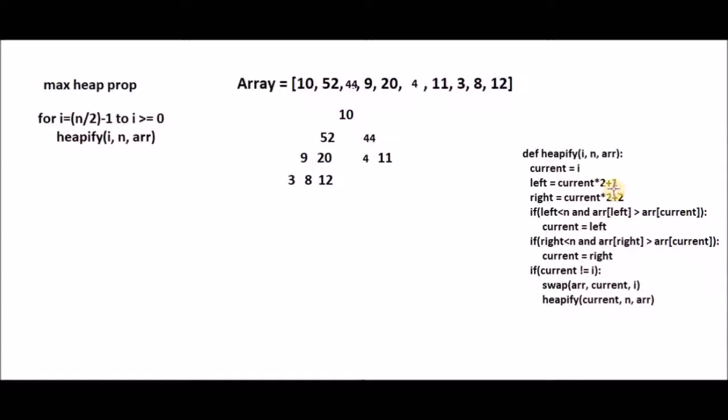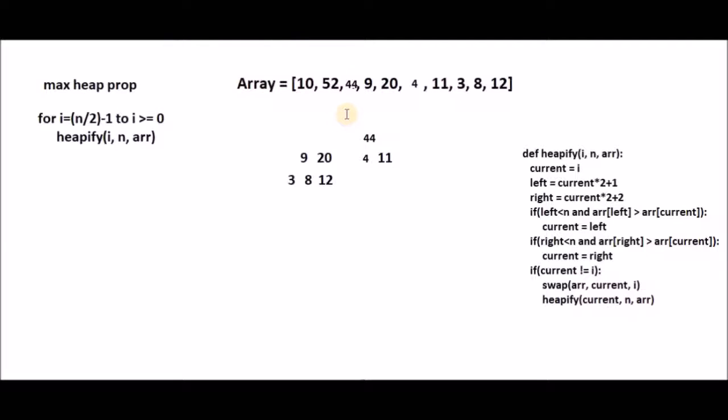We have 1 and 2, and then we can see that left is greater than the current, so 52 is greater than 10, so we swap it. We get rid of this and we get rid of this, and 52 is still greater than 44, so of course this condition is going to work, but this condition is not going to work, so the current's not going to be the same, so we swap that.